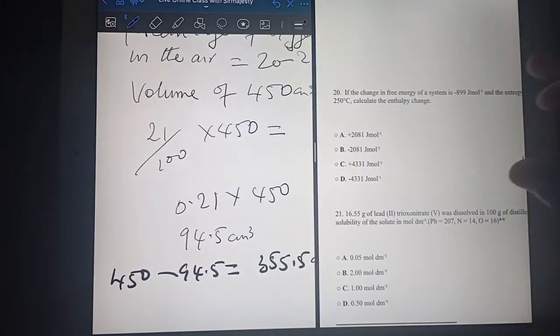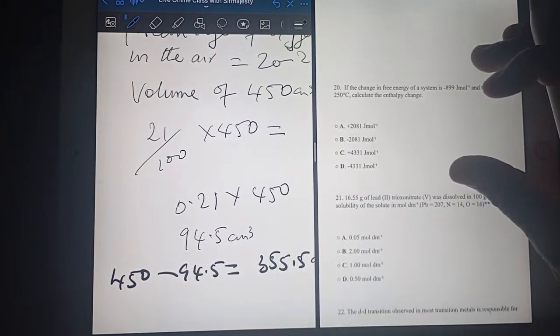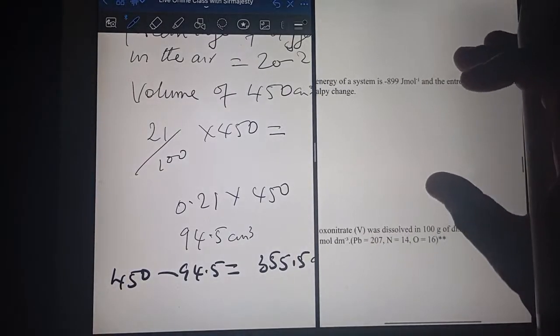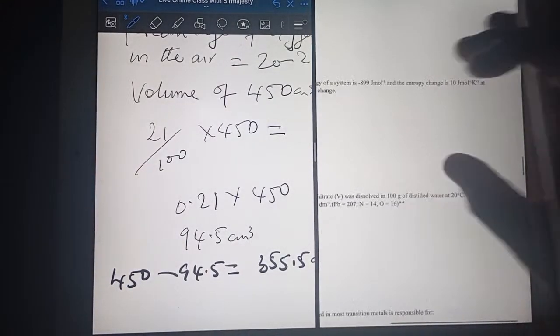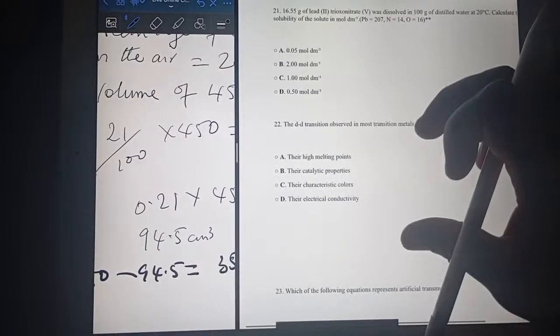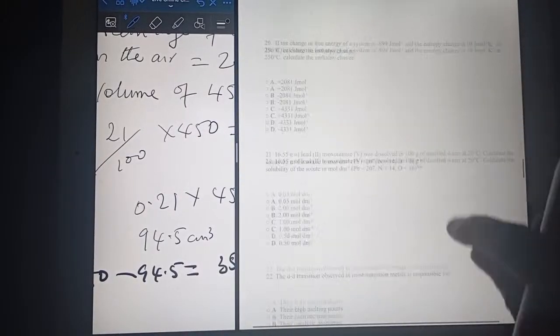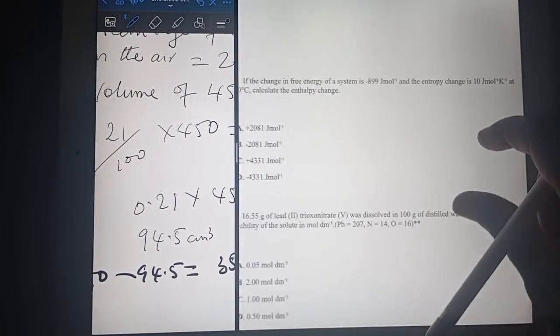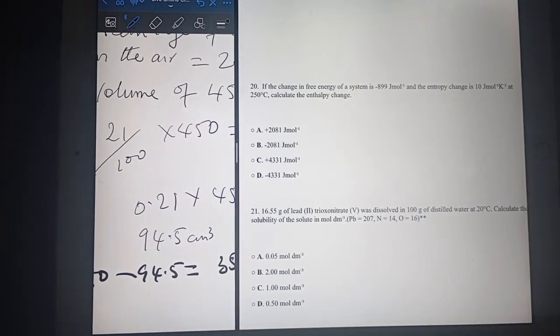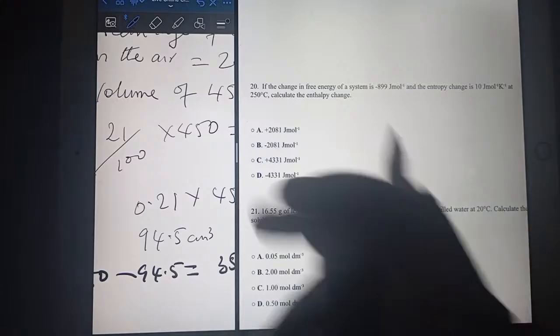If the change in free energy of a system is minus 899 joule per mole and the entropy change is, let's all read it together. You look at the question well, you are required to use the Gibbs free energy change.